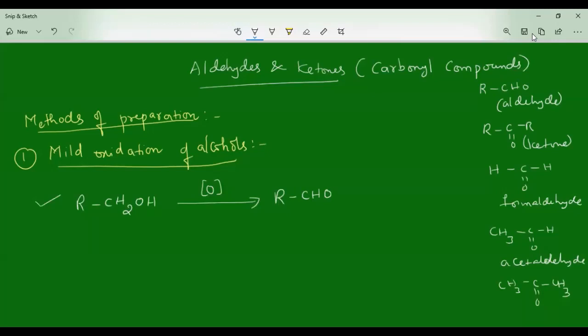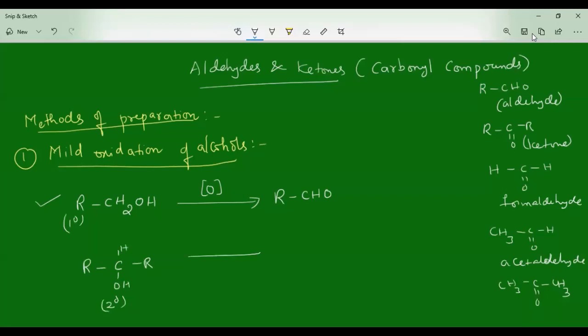In a similar fashion, we have another kind of alcohol, RCH(OH)R. The first equation we took was a primary alcohol; now we are taking a secondary alcohol.